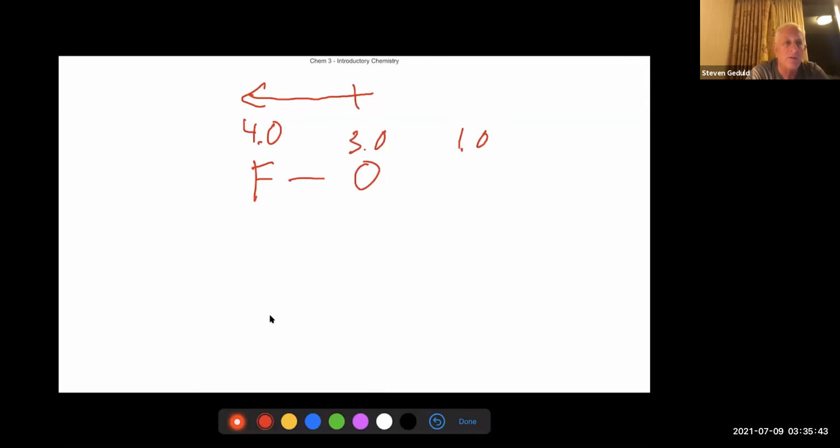Okay, direction of the polarity of each of the covalent bonds. Fluorine, oxygen. Like you said, fluorine is 4, oxygen is 3. They want a delta minus, delta plus. Delta in Greek, a large delta means a big change.